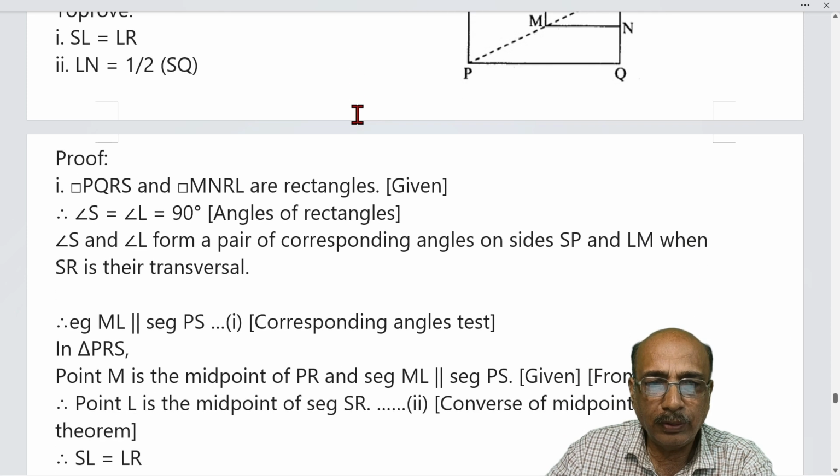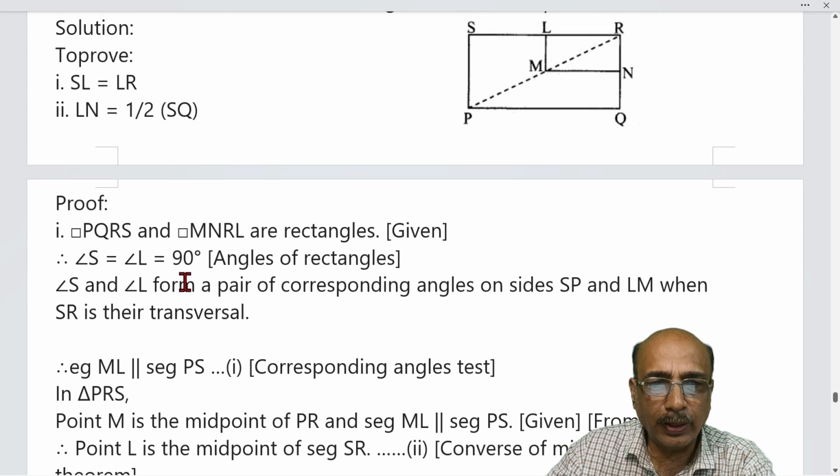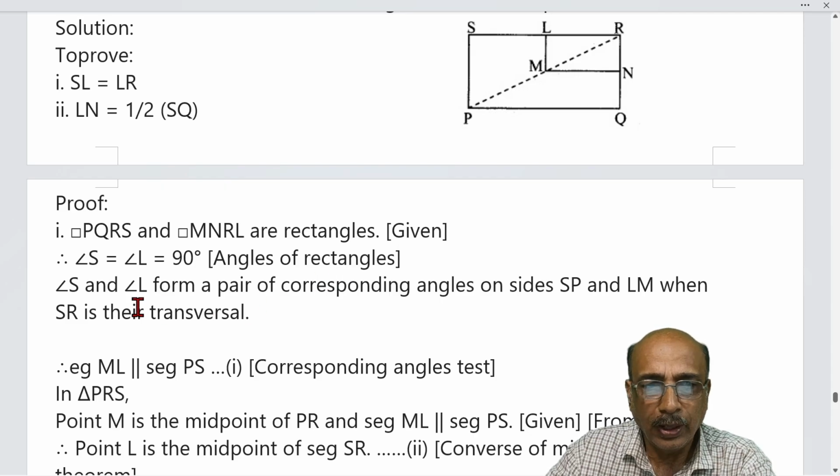So here you see two rectangles are there. Therefore, angle S and angle L are also 90 degrees, because in rectangles each angle is 90 degrees. S and L form a pair of corresponding angles on SP and LM when SR is the transversal.